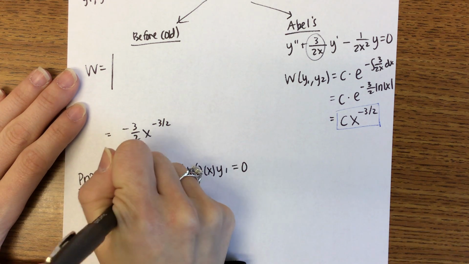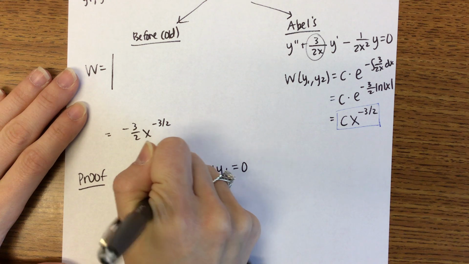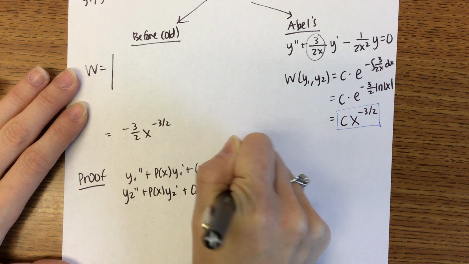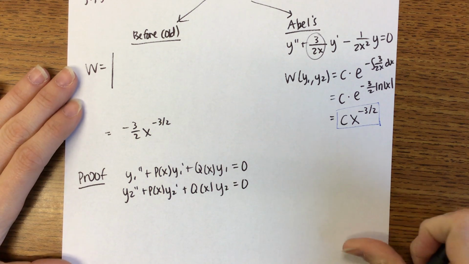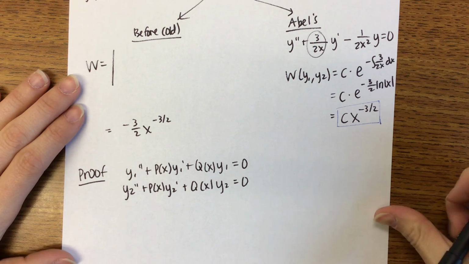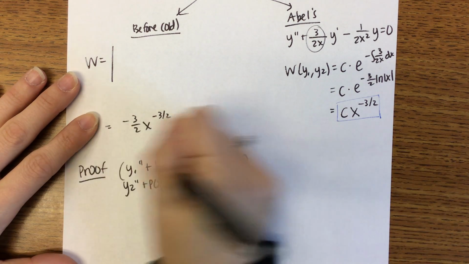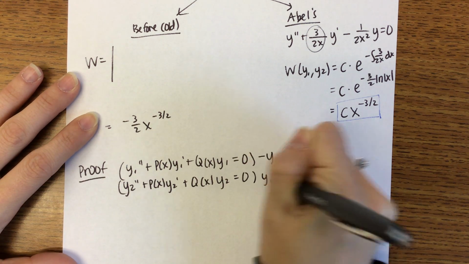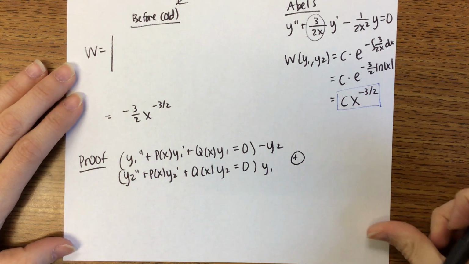And then same thing, y2 double prime plus p of x, y2 prime plus q of x times y2 equals 0. Now this is a system, so we're going to combine these. I'm going to multiply the top equation by negative y2, bottom equation by y1, and then I'm going to add them.